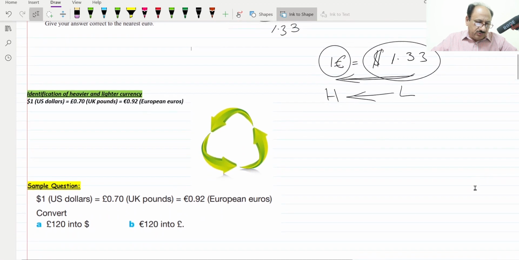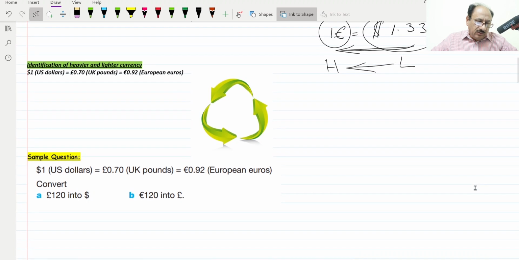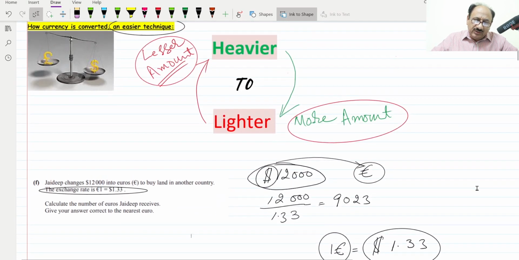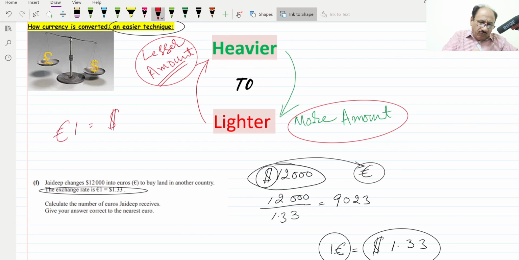Now in some situations, how can we identify the lighter and heavier currency? This was easier when only one situation was provided, that 1 euro is equal to 1.33 pound. We know this is lighter and this is the heavier currency.